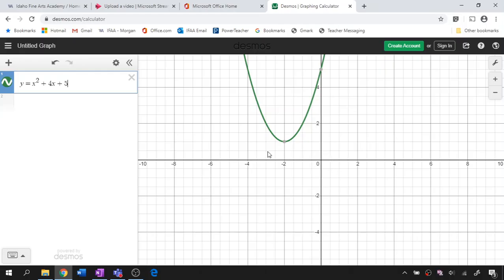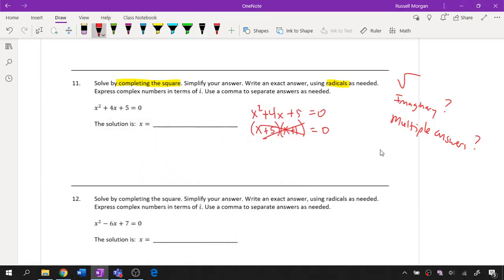And guess what? I don't see any. Although, you might be able to see them if you use your imagination. I'm thinking this is going to be imaginary because I can't see it cross the x-axis, but I think it would happen somewhere around here if I used my imagination. So I'm thinking that there are going to be imaginary answers, imaginary numbers.